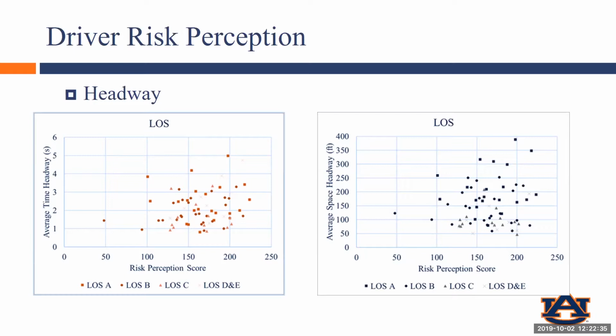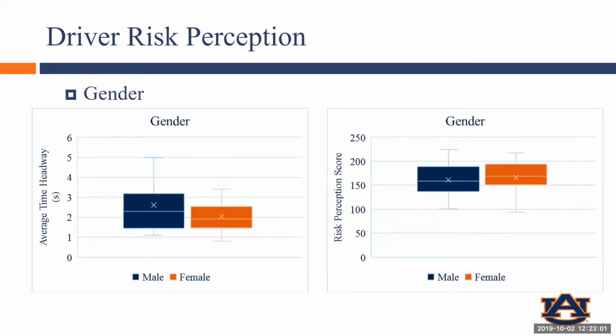That means the more conservative the drivers are, they like to choose larger time headway. For the spacing headway it is the same. We see the upward trend for the spacing headway when the risk perception score increases.